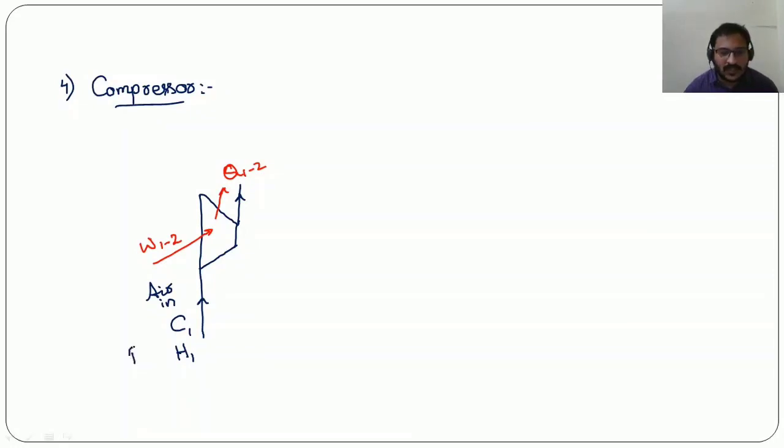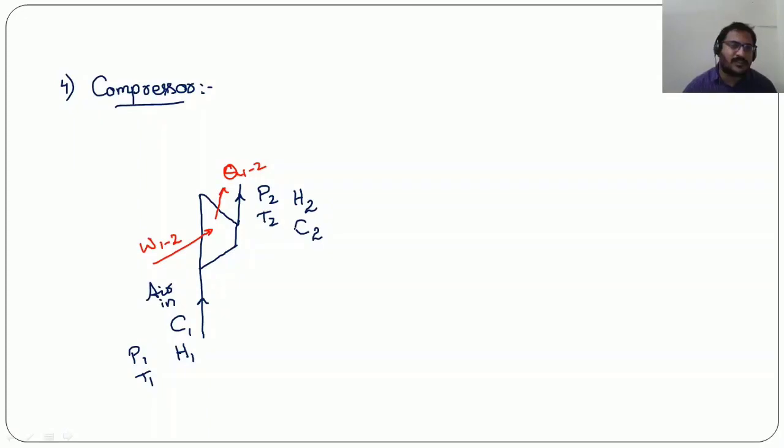So the pressure at this point is P1, temperature is T1. At the exit from the compressor, the pressure will be higher and temperature will be higher because of the work addition, and as a result of pressure and temperature rise, there will be increase in the enthalpy to H2, and there will be variation in the velocity to C2.